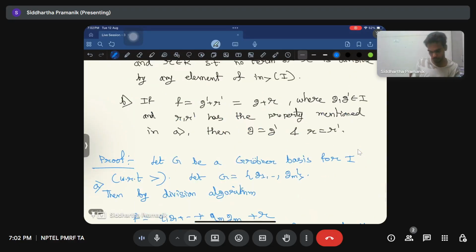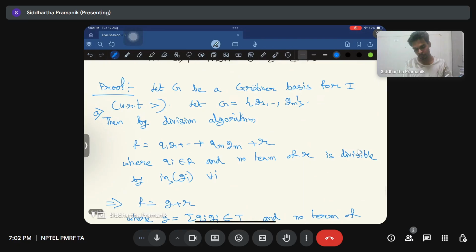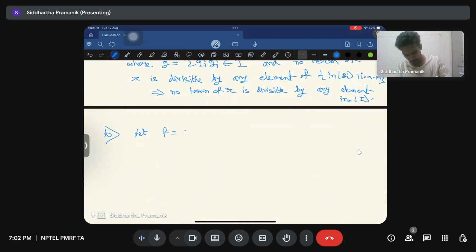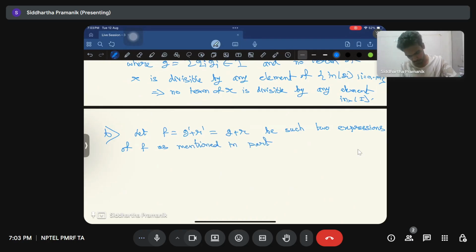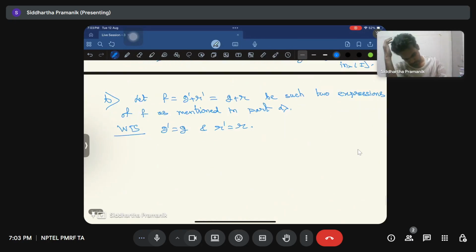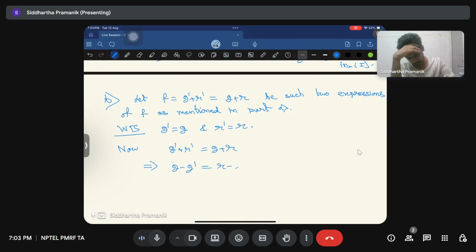Now the second part. We need to prove the uniqueness of this G and R. So let F equals G prime plus R prime equals G plus R be two such expressions of F as mentioned in part A. We need to prove that G prime equals G and R prime equals R. Now observe that G prime plus R prime equals G plus R, and this implies G minus G prime equals R minus R prime.